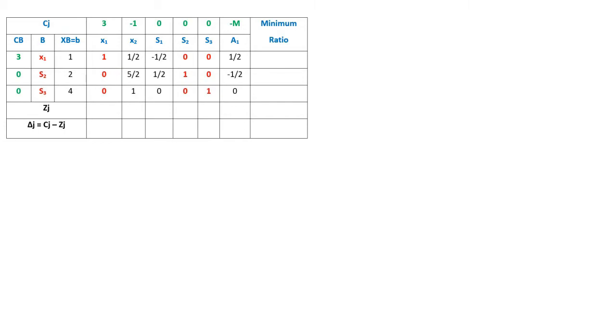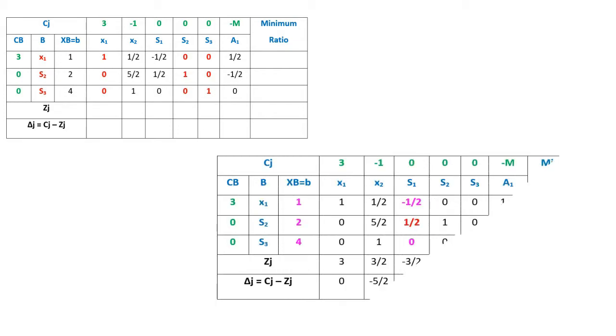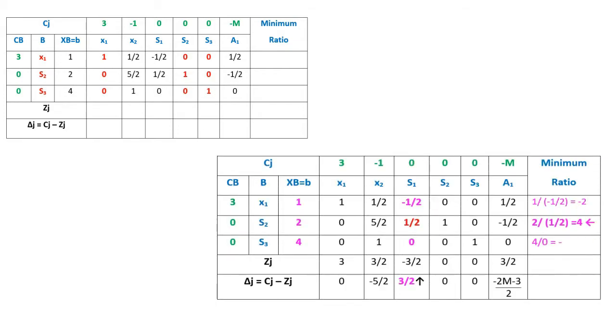Now we have to calculate the value of Zj. To calculate Zj, we have to consider the x1 column and the CB column. Multiply those values, add them and write down the final answer. The CB column first value is 3, x1 first value is 1, that is 3 into 1 is 3, plus 0 into 0 is 0, plus 0 into 0 is 0.